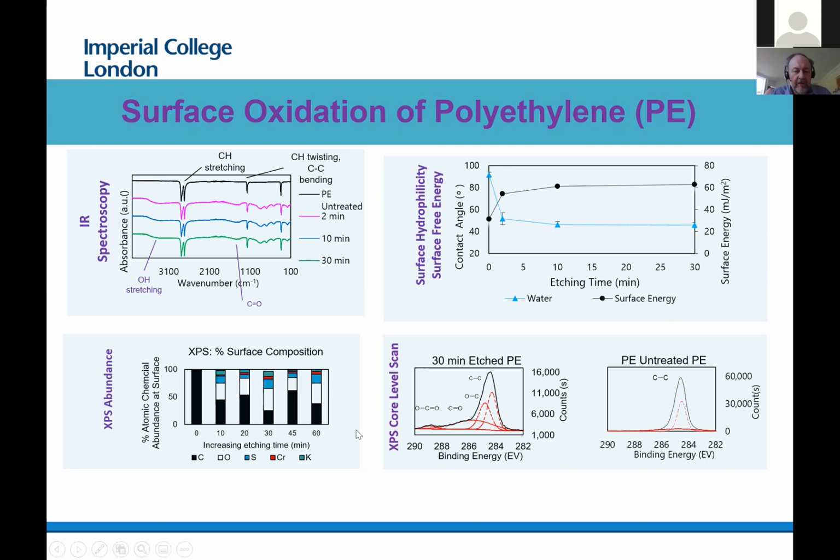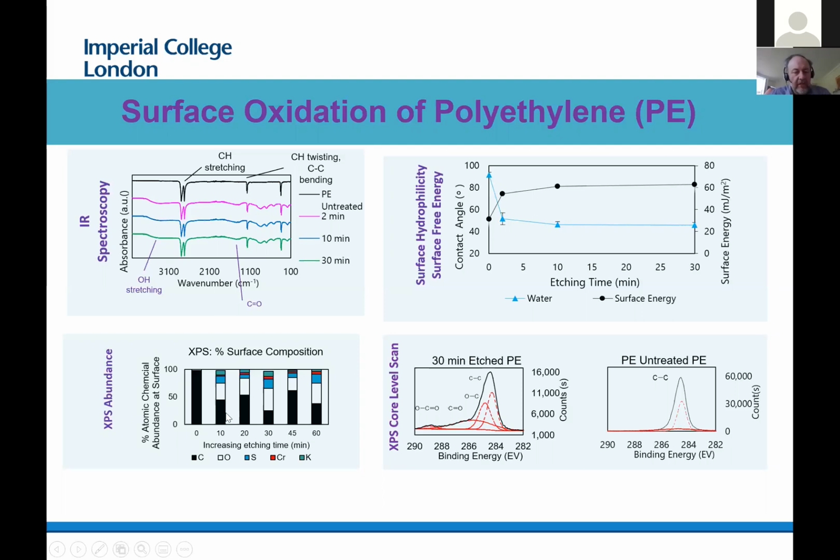If I look over here on the left, I've also got a measure of the composition. This tells us how much carbon, oxygen, and other species are present in our materials at the surface based on how long we etch them for. The set of data on the left shows the as received material. This material has received no etching, and we'd expect to see only carbon species. And of course, what we see here is just carbon species.